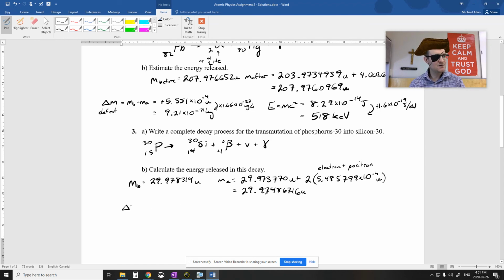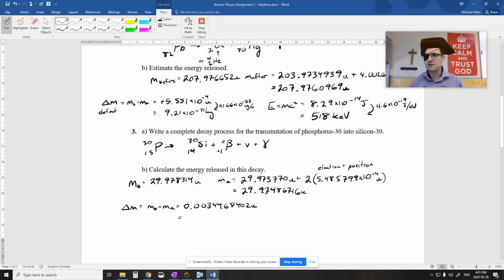Now the process is just going to be the same as before. So my mass defect is going to be the mass before minus the mass after. I don't care if it's negative or positive. I know I'm losing mass. I just want the number. 0.0034368402 atomic mass units.